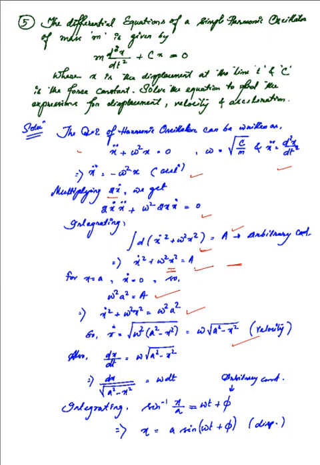And finally, we also know that the velocity is the first order derivative of the distance with respect to time, so dx over dt is what we have obtained. We can just cross multiply and integrate it. We get another arbitrary constant, phi, over here, but that's not a big deal.